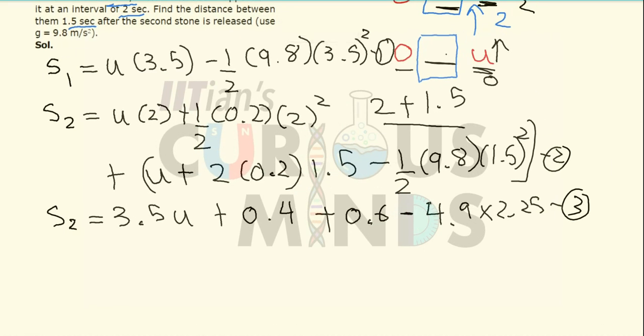Now I have to find out the displacement between them. So basically I have to subtract S2 minus S1.